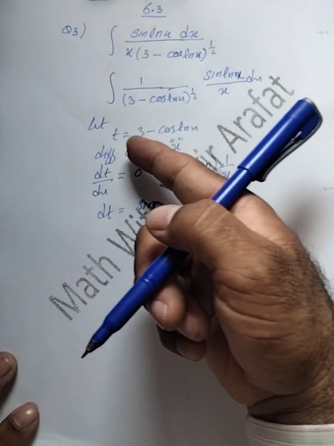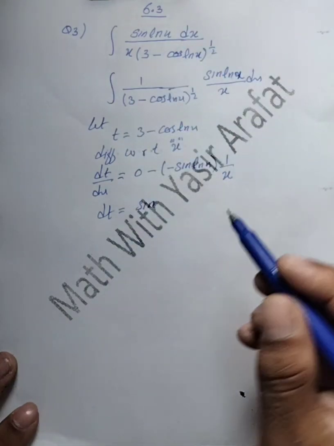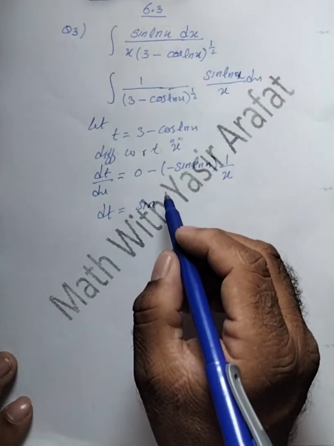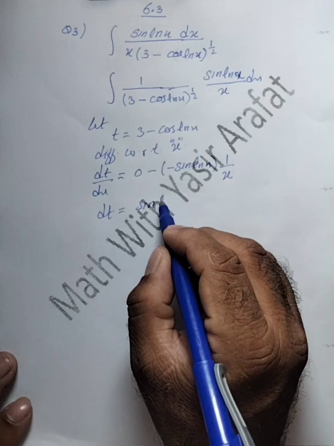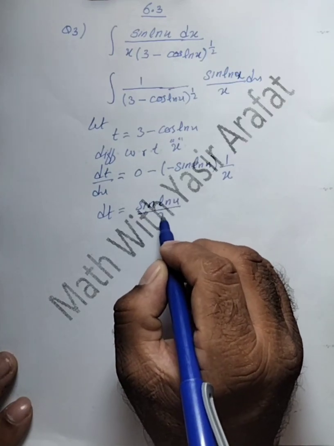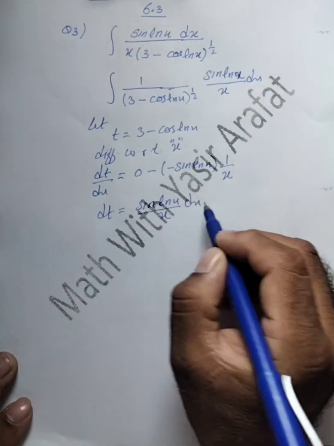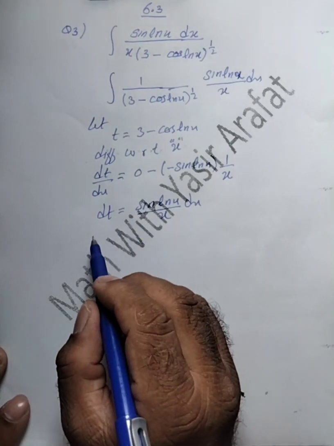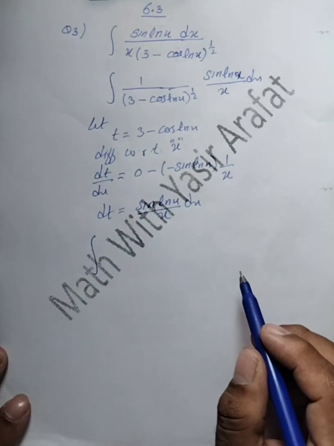In this situation we have to suppose the function. So this is the method of integration here. So this is minus minus plus sin(ln x) over x into dx. Now we have to substitute these values in the question.